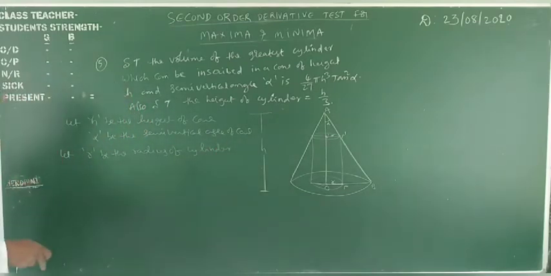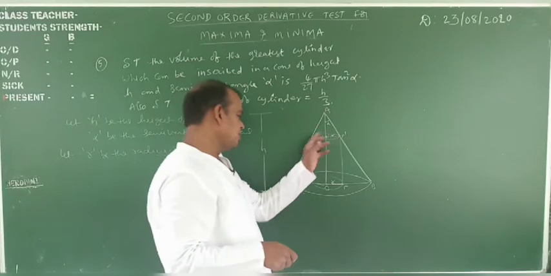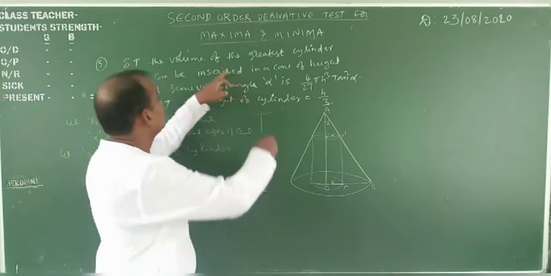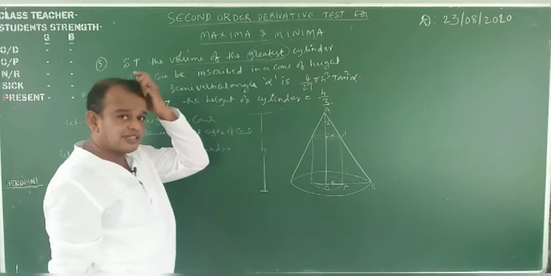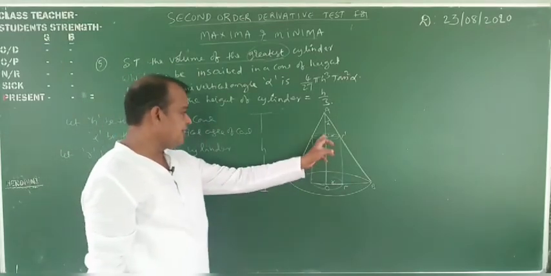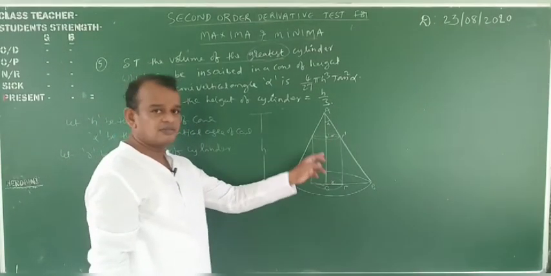Now write the volume of the cylinder. Volume of the cylinder is greatest means the function pi r square h, pi r square height, but you don't know the height of the cylinder.